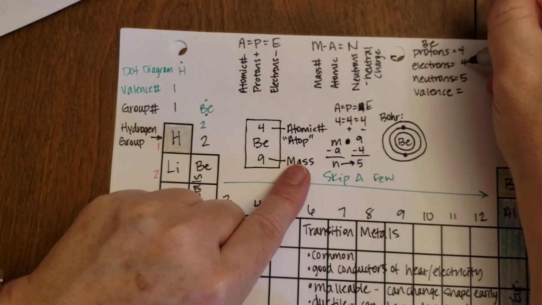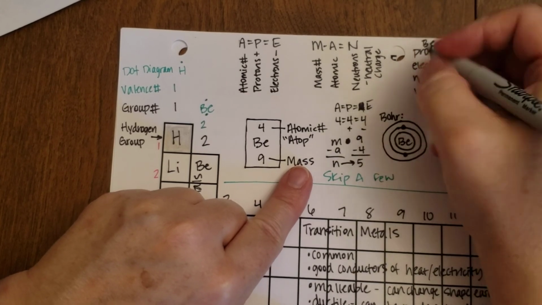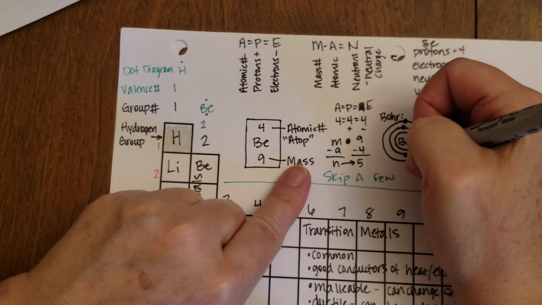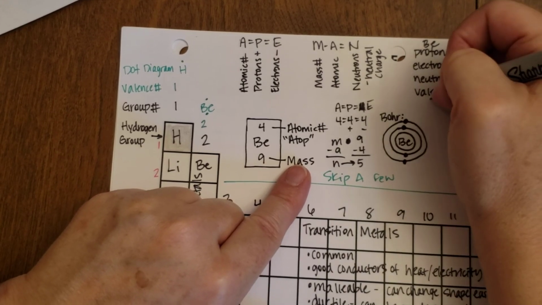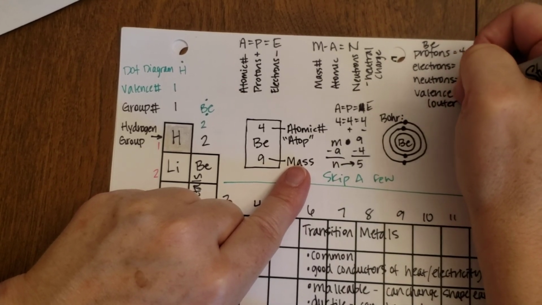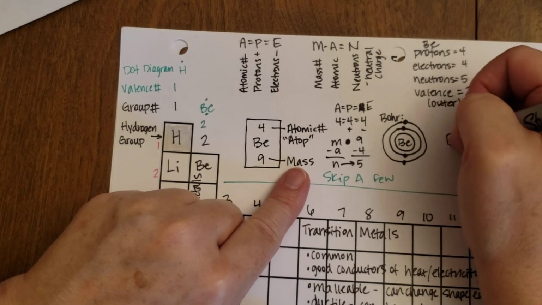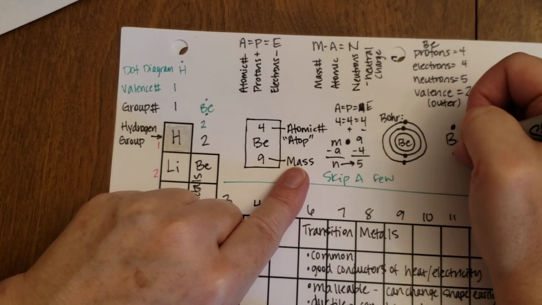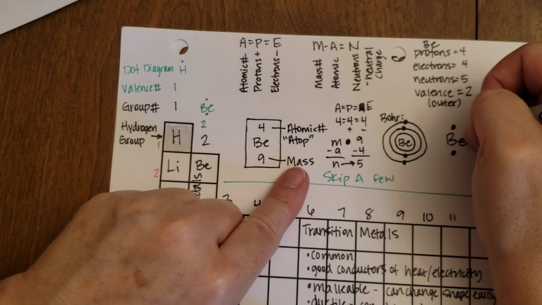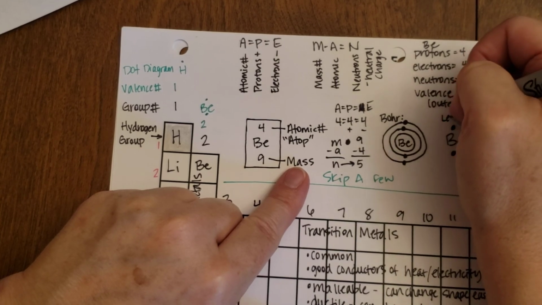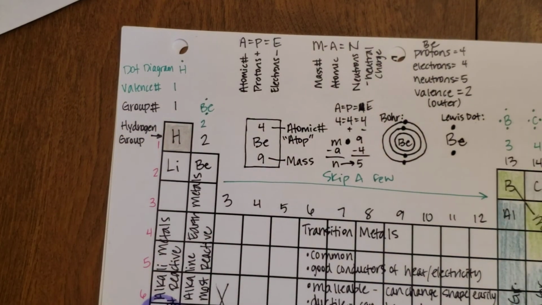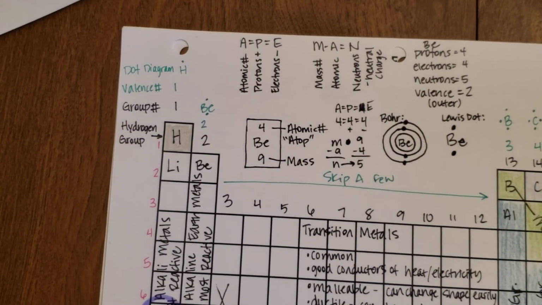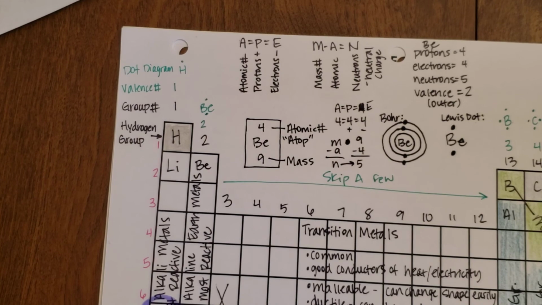If I have 4 total electrons, I've used 2. So I need 2 more. And that does mean I have 2 valence electrons in the outer level. And then the dot diagram for beryllium would be 2. 1 on top and 1 on the bottom. And that's my Lewis dot diagram. Look how much you guys have learned in such a short amount of time.